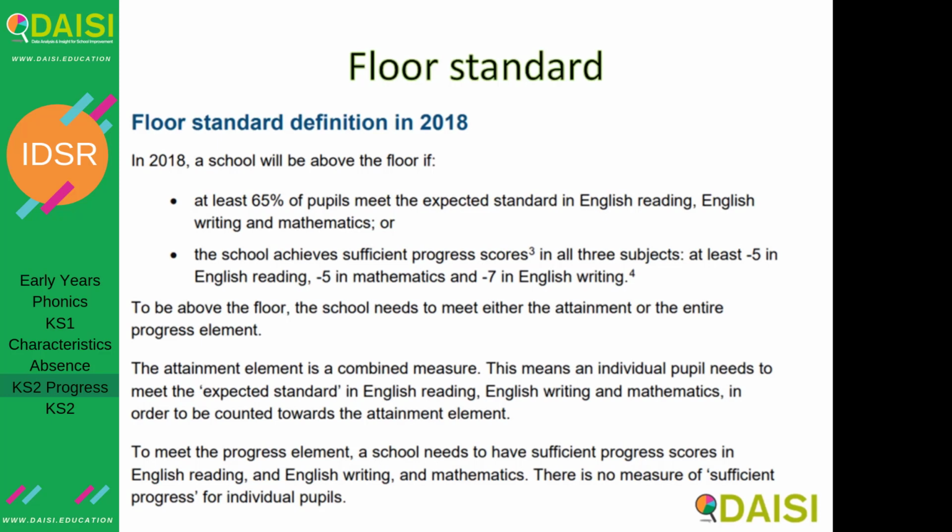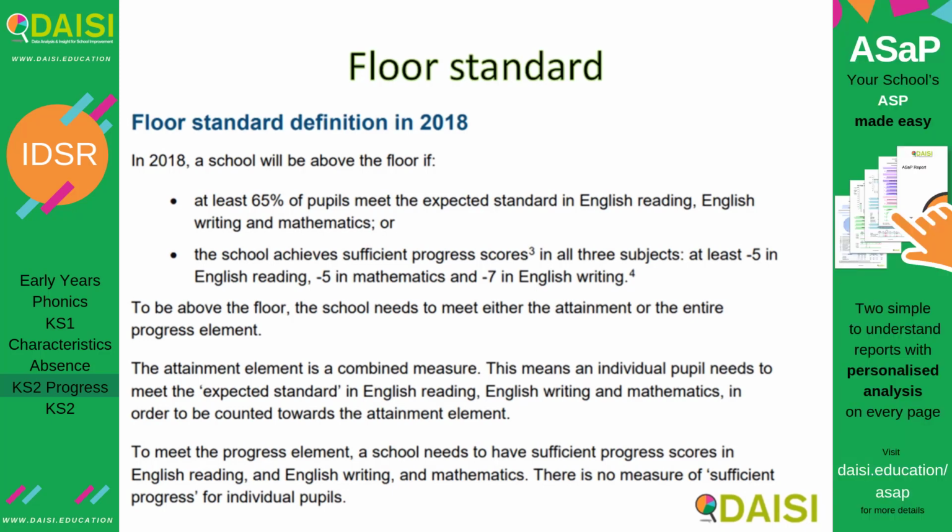So either your school gets at least -5 in reading, -5 in maths and -7 in writing, or you get a combined reading, writing, maths score of 65% or more. This was quite difficult in 2016 when the national average was 53%. In 2018 the national average is 64-65%, so much easier. Please note you have to get all 3 progress scores, not just one of them as it used to be in 2015.